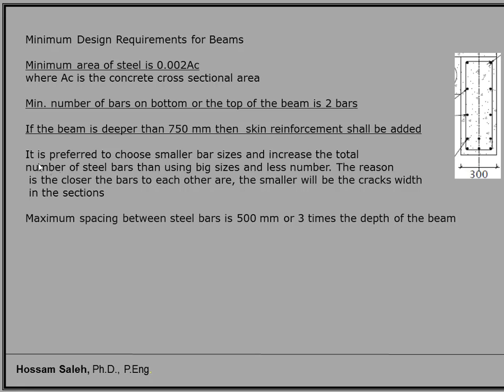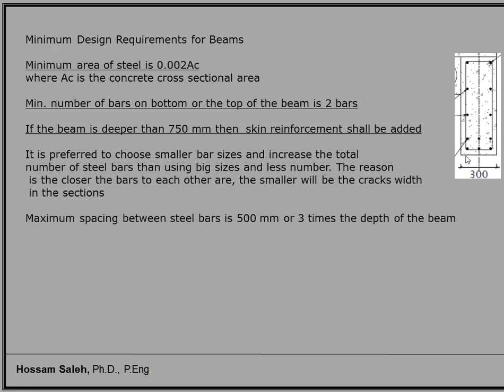And let's see here, it is preferred to choose smaller bar sizes and increase the total number of bars rather than getting bigger sizes and a smaller number. What does it mean? Here in this beam we put 6 bars with a smaller diameter.